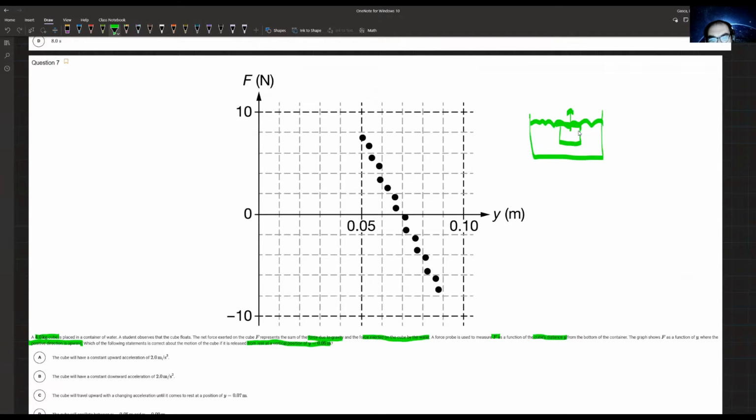Now, as this cube begins to move upwards, away from the bottom of the container, at some point it feels no force. But that shouldn't automatically indicate that it stops. All it means is that at that instant or at that position, it feels no force. And because it's been experiencing a force for all this displacement, we can think of it as there's work being done on this. This guy is changing its kinetic energy.